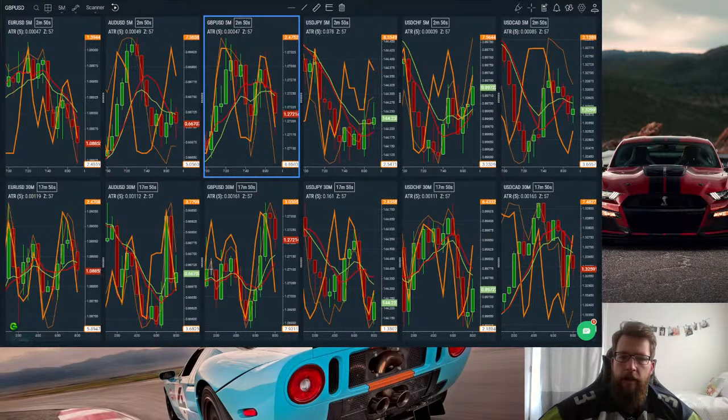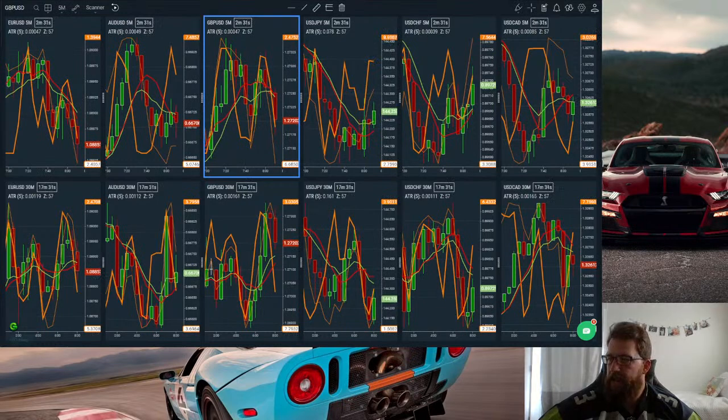With a 1-to-1 risk to reward, you'd be down one trade. So I'm glad we didn't actually take those. It would have hurt our profits that we have today, which again, we're up just over 1.5% for the day. So we decided to stop taking trades and just lock in our profits.